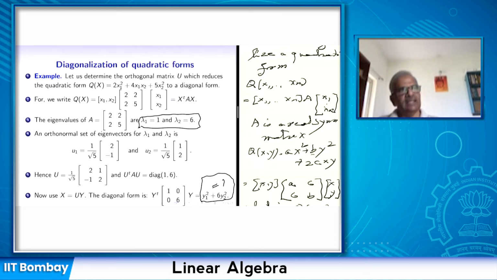So we can determine the length of the major axis and minor axis using the eigenvalues, and the eigenvectors will give you the directions of the major axis and minor axis. That is the interpretation of eigenvalues and eigenvectors in this situation.